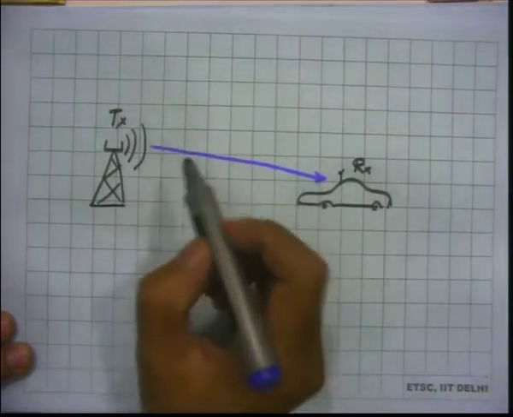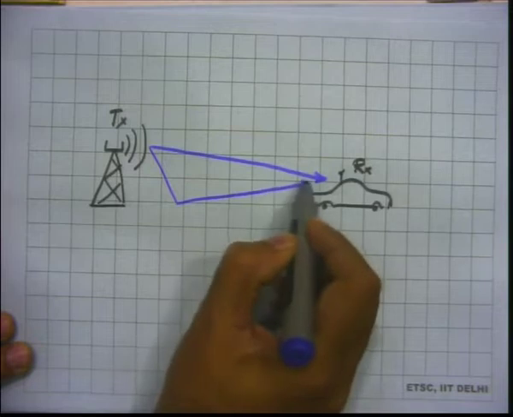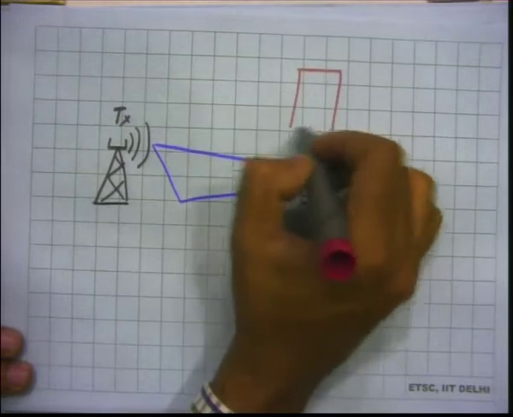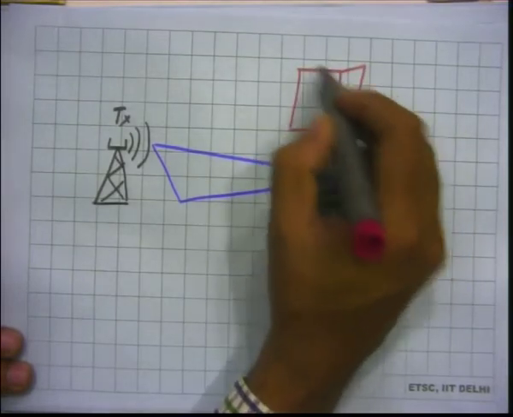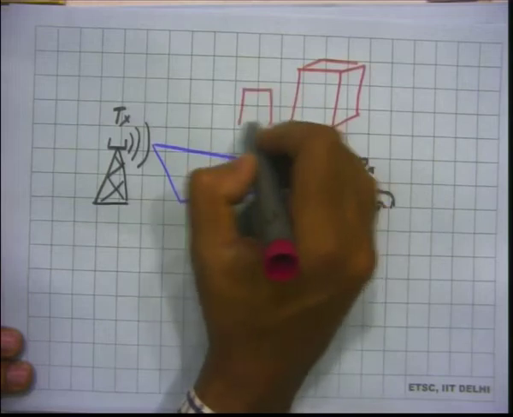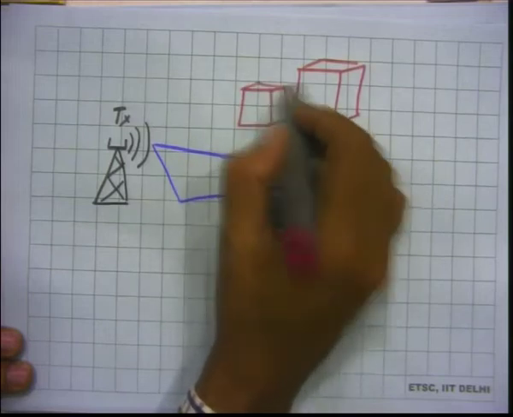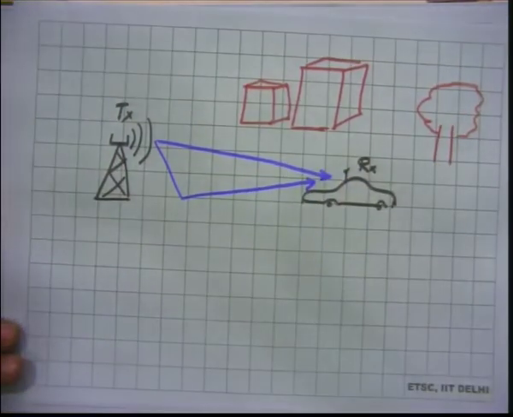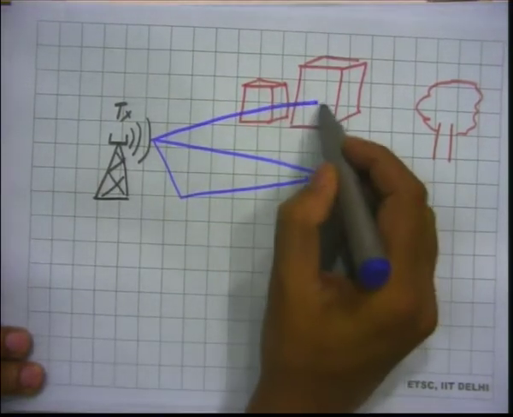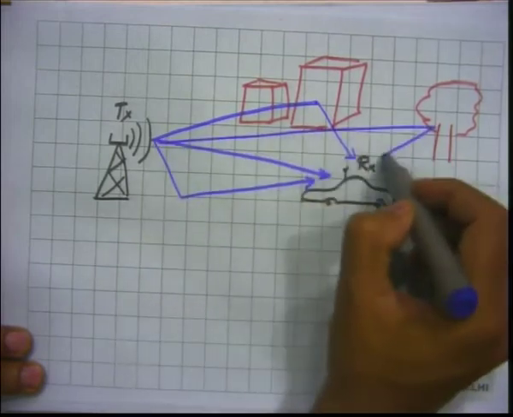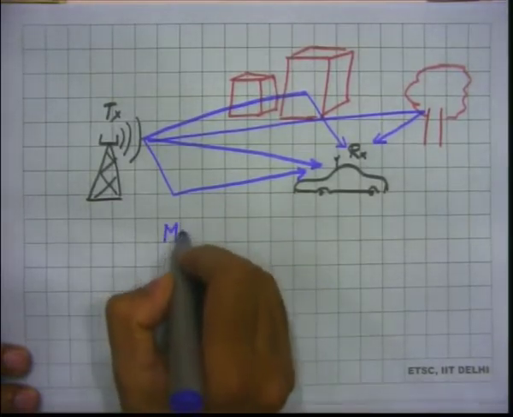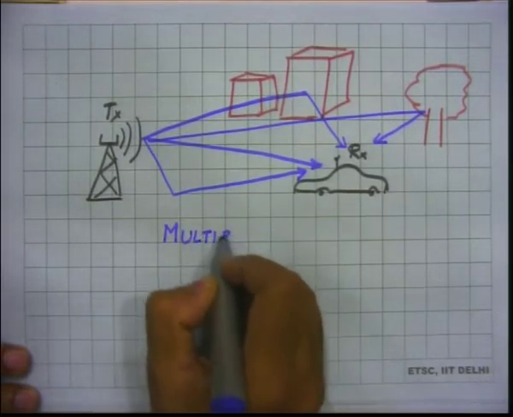However, it is possible that it reaches the receiver through reflections, and the reflections can come from many kinds of objects. So, you could have different buildings or other reflectors, which will lead to the signal reaching from the transmitter to the receiver through multipath. So, currently we have drawn a scenario where we have multipath propagation.